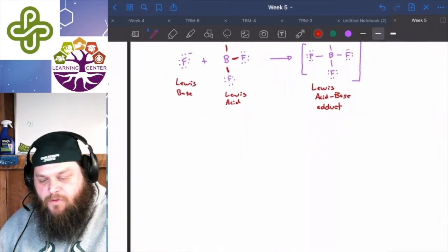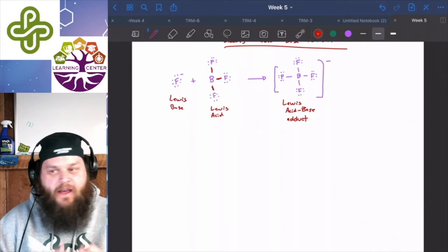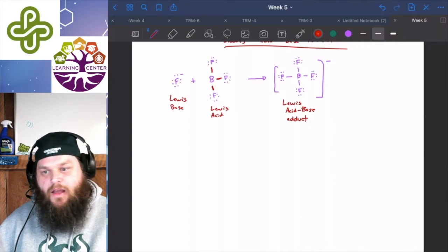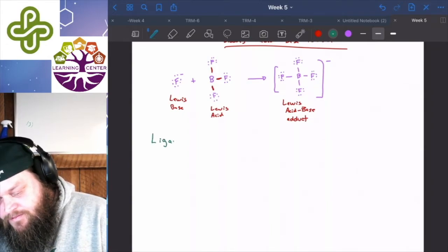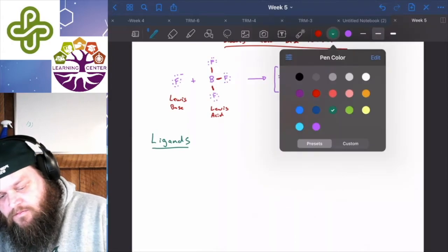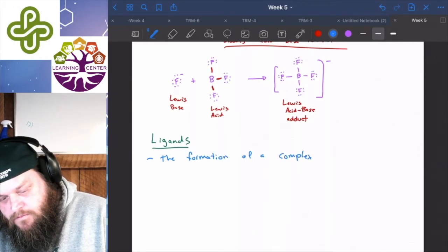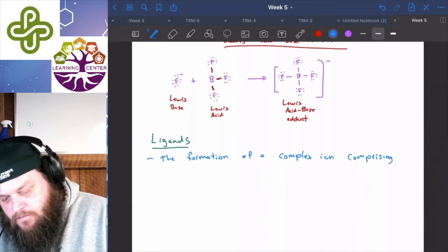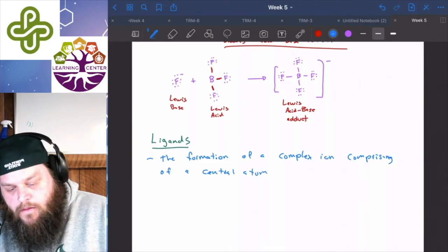This same sort of process happens as well when you form complex ions comprising of a central atom, usually a metal ion of sorts, surrounded by multiple different ions or molecules. We call them ligands.